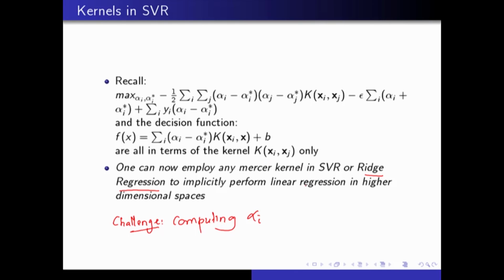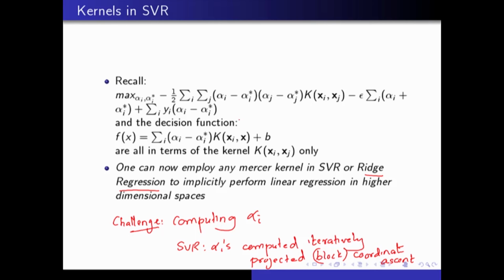However, for support vector regression, you could compute alpha i's iteratively by invoking something called projected block coordinate ascent.